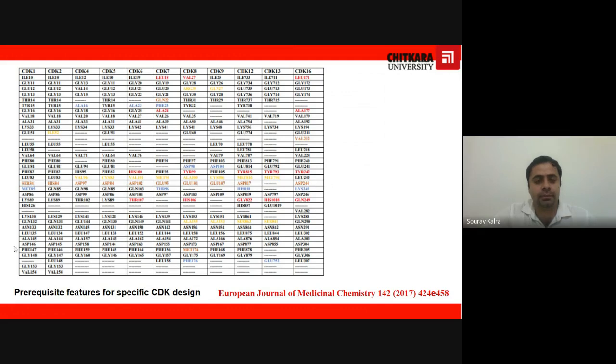I have already mentioned that this is the important interaction for all the CDKs. This was done by structural analysis of all the CDKs. It has been published in EJMC, and I think it has a good impact factor.